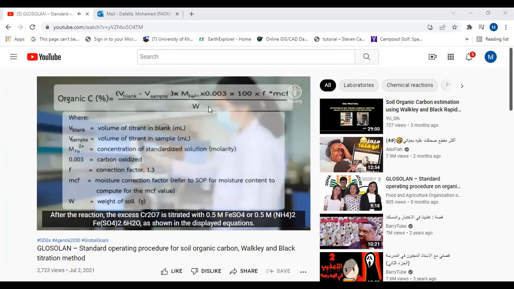After the reaction, the excess of dichromate is titrated with 0.5 molar ferrous sulfate or 0.5 ammonium ferrous sulfate as the displayed equation shows.